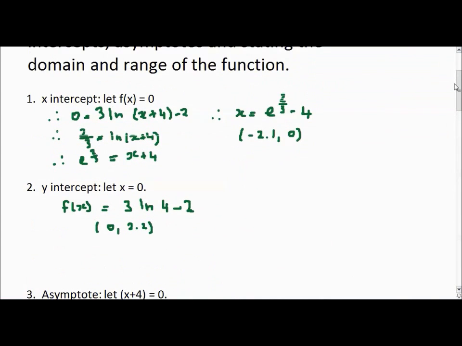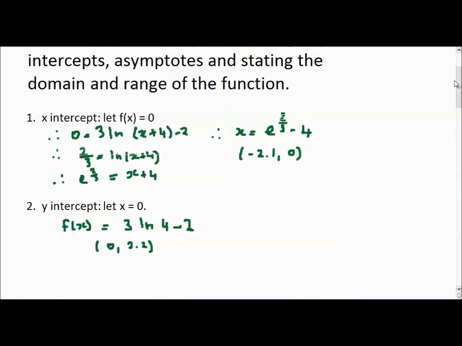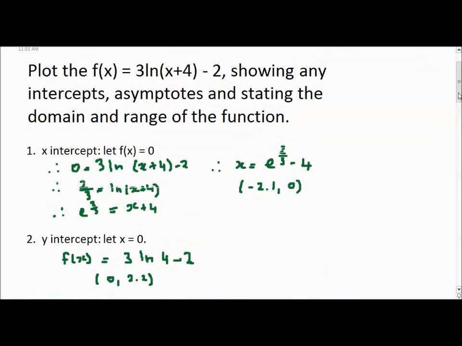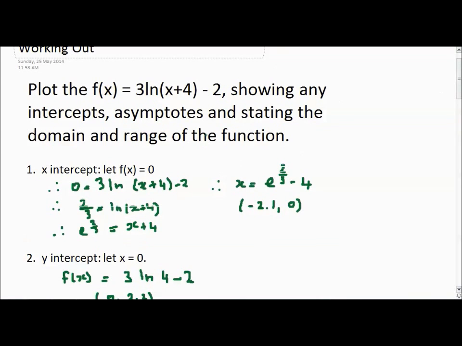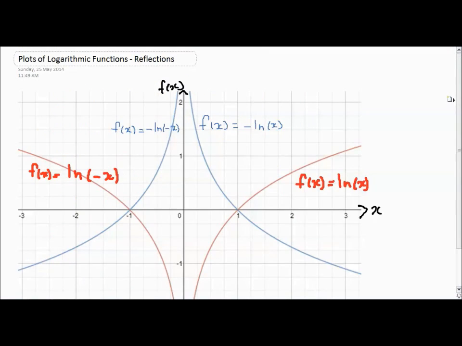Now the other thing we should do is have a general idea of what our plot looks like before we start plotting it. And by that I'm talking about the general shape of it. Now looking here, we see that the coefficient of the log function is positive, and what's in brackets there, well, the x is positive. So it's going to follow the general shape of the basic log function.